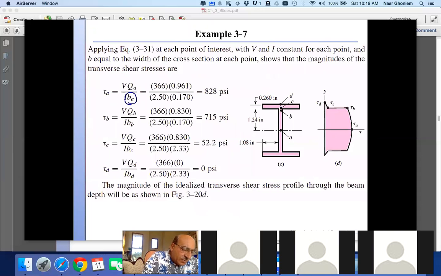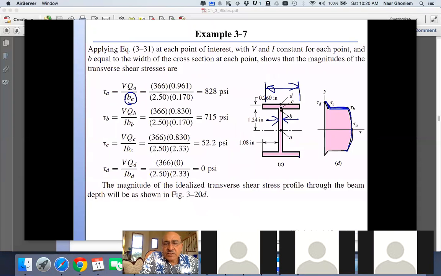It is important also to note that the b is local. So the b is the width. For example, if I'm looking here, the b is very large. If I'm looking here, then the b is small. So what happens is that the shear stress in the flange is very small, and then it has a jump at the interface, and then becomes large as I move towards the center.